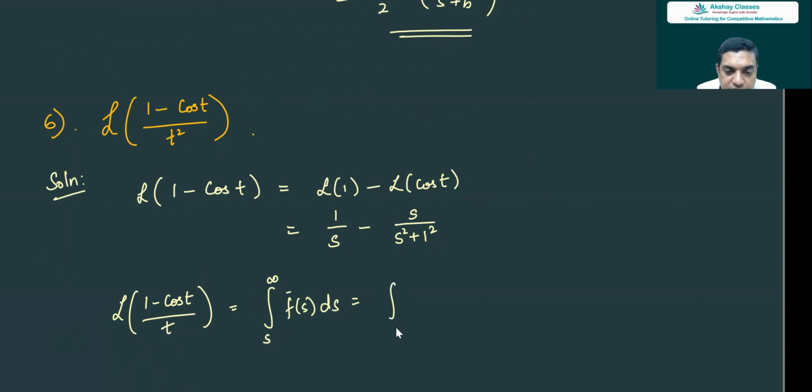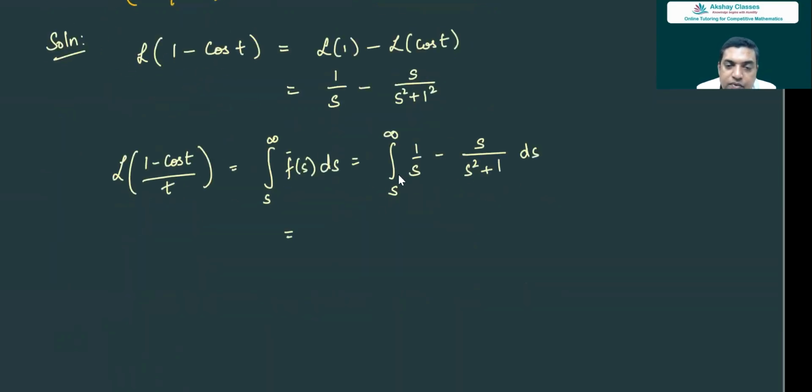So this becomes the integral from s to infinity of 1 by s minus s by s square plus 1 ds. So this is log s, and for the second term we multiply and divide by 2. So numerator 2s will be the derivative of the denominator s square plus 1. So the integral is half log of s square plus 1.